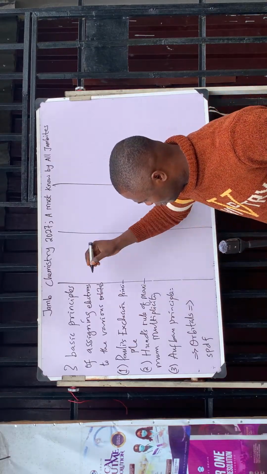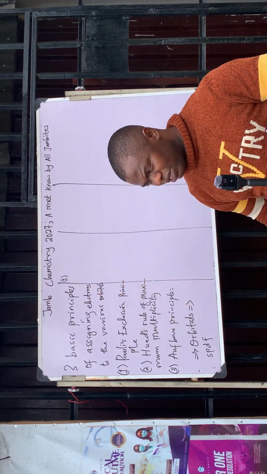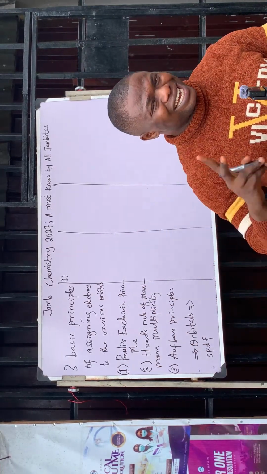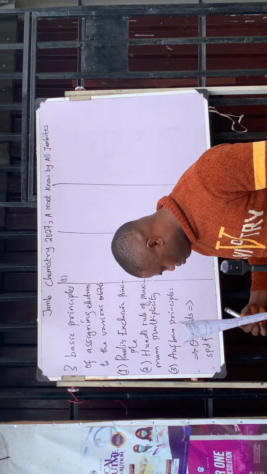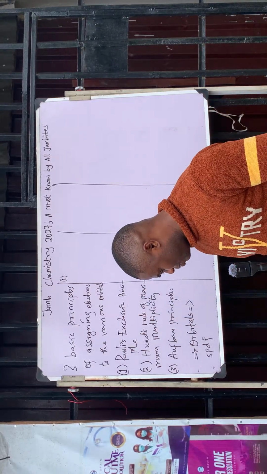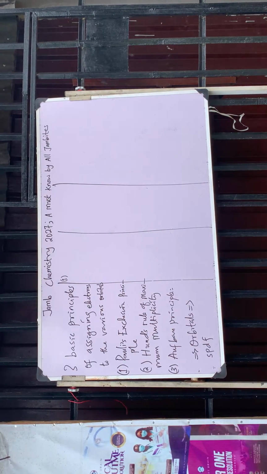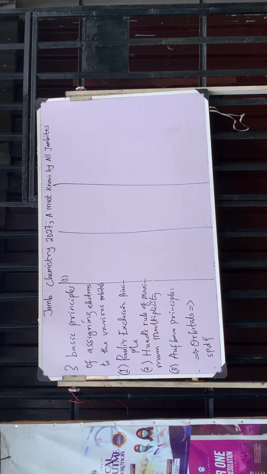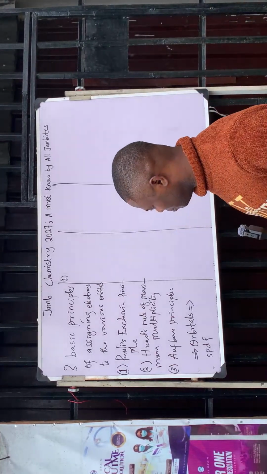So let's go straight to Pauli's exclusion principle, number one of the three basic principles of assigning electrons to the various orbitals. I just want you to pay rapt attention, and if you're here with me, send a reaction to the video.